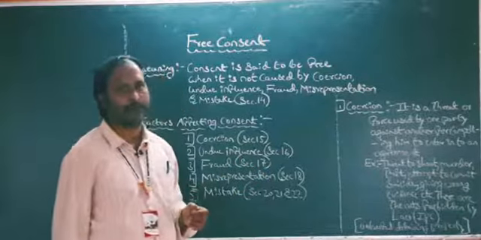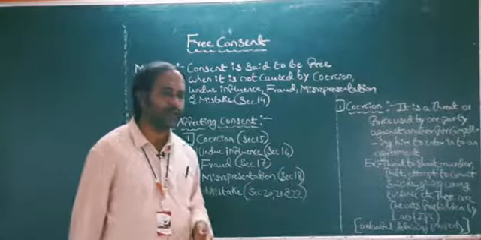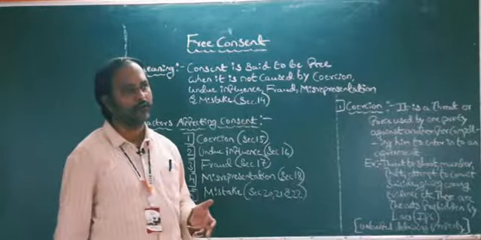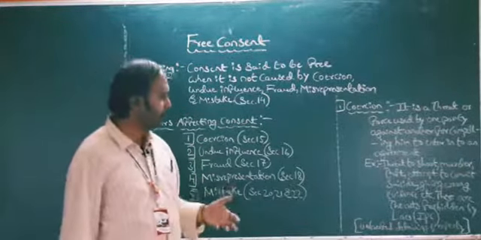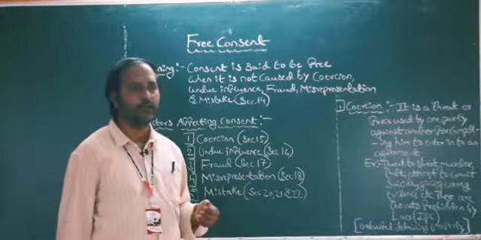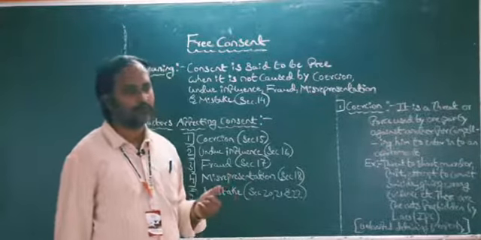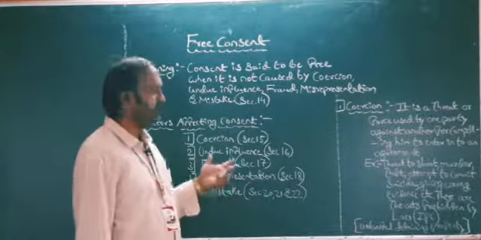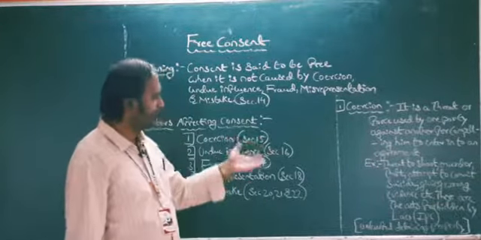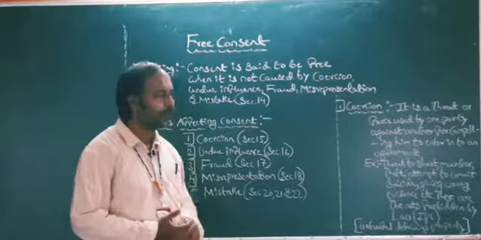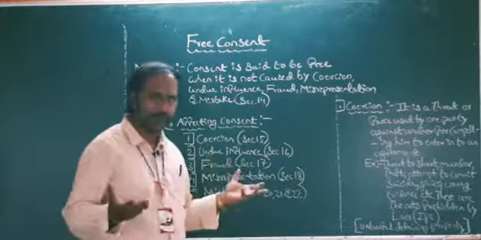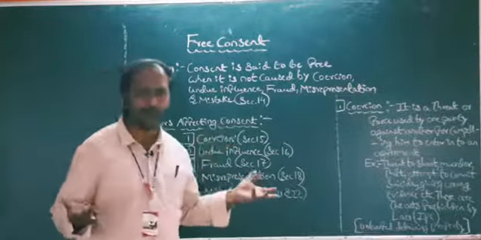unlawfully detaining property. Sometimes, to make another person get into a contract, you unlawfully detain his property, and if such an act is made to get consent, that cannot be said to be free consent, because whatever acts are done are based totally on threat, forcibly.